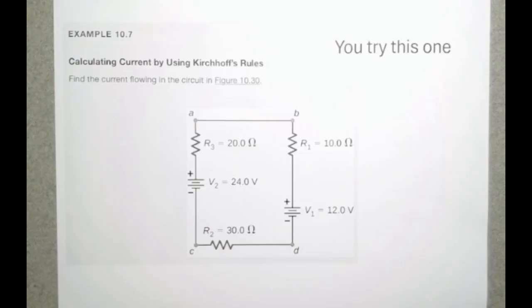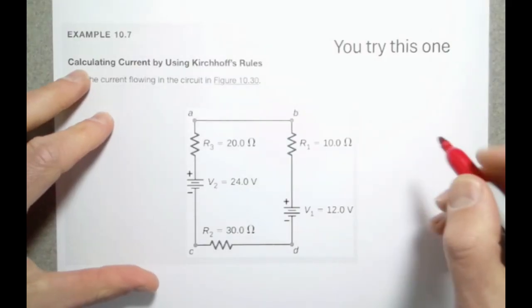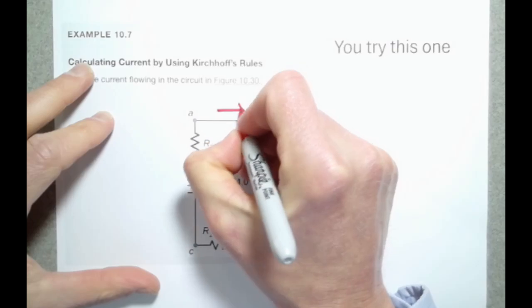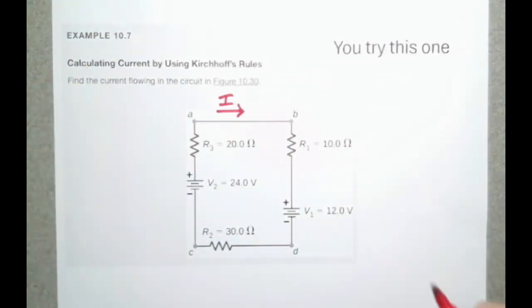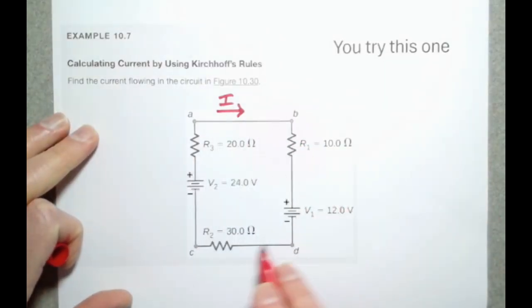All right, let's go ahead and work through this. So which way do we want the current to go? Clockwise, counterclockwise? Clockwise. Okay, clockwise is in this direction. And if we choose that direction for current, then it's the same current going all the way around the loop.